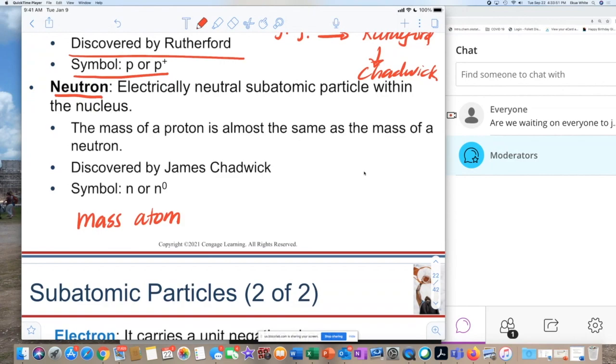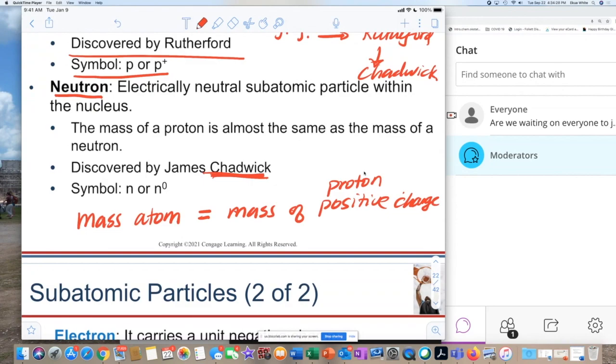And before Chadwick discovered the neutron, scientists were under the impression that the mass of the atom is equal to the mass of the positive charge. In other words, the mass of the atom is the mass of the proton. Now, Chadwick started doing experiments and he realized the mass of the proton is actually smaller than the mass of the whole atom.